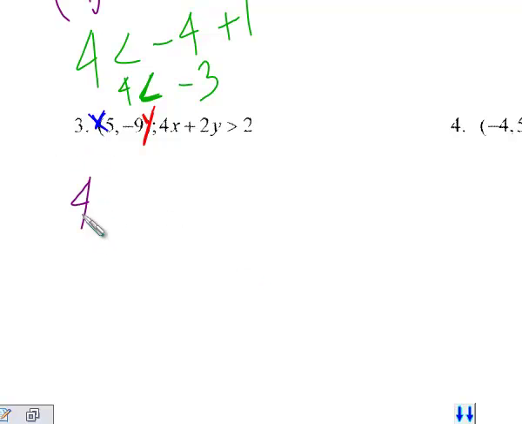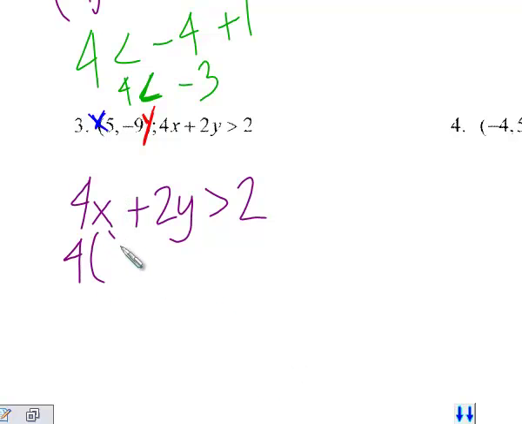I have 4x plus 2y is greater than 2. Now I'm going to replace my x value with what I'm given, which is 5, then plus 2, and then I'm going to replace my y with this negative 9 that I've been given.